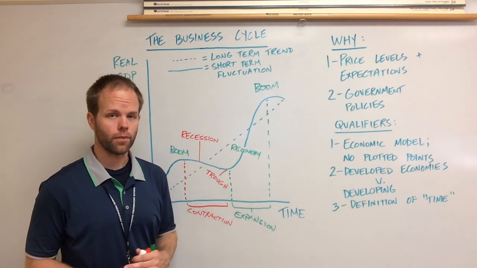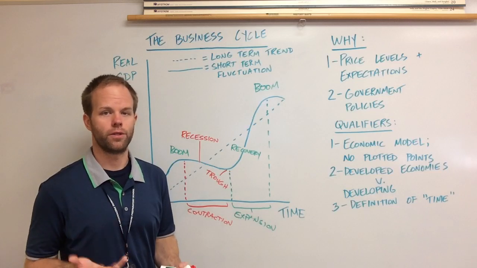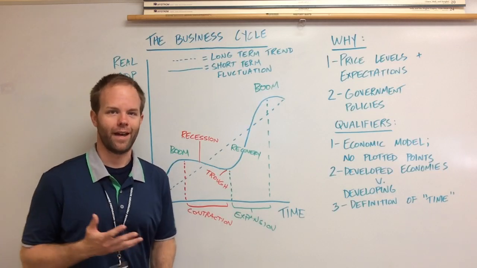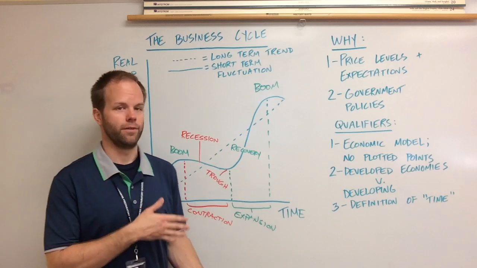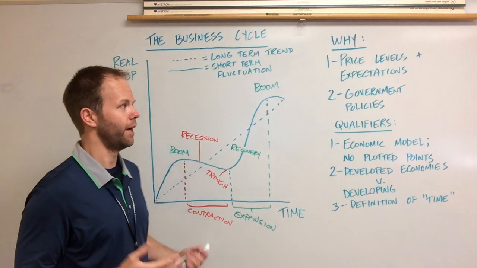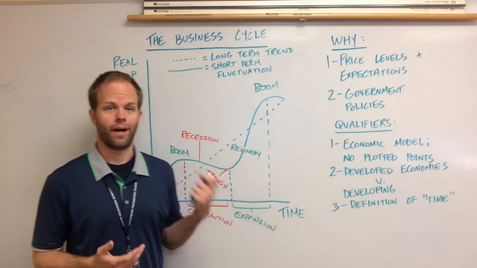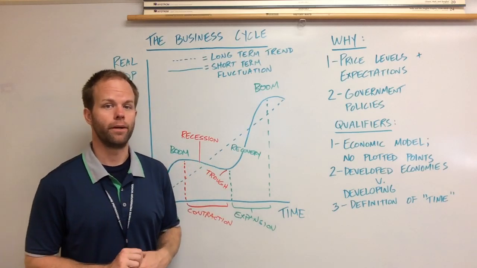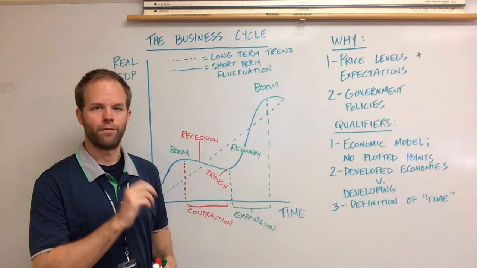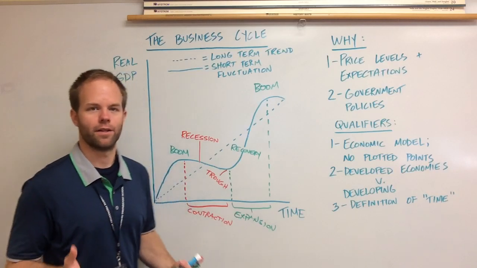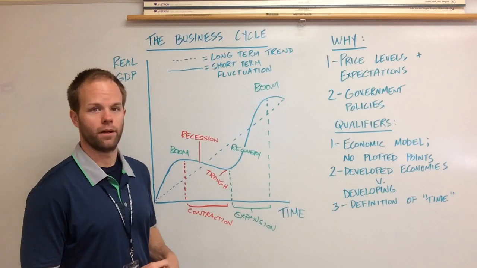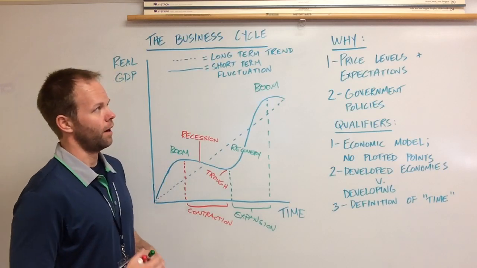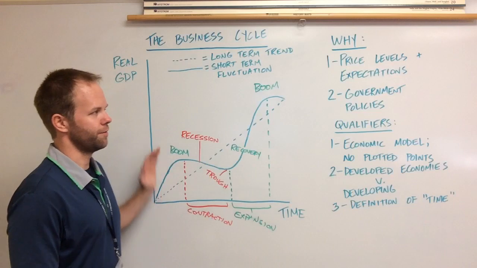So in boom periods, that's when you see people tend to not act very rationally, and they'll do things that will actively make a recession more likely. You usually see higher levels of debt during boom periods, and all of that, what I just said about inflation and debt, that sounds pretty similar to what we're dealing with right now in the United States here at the beginning of 2021.